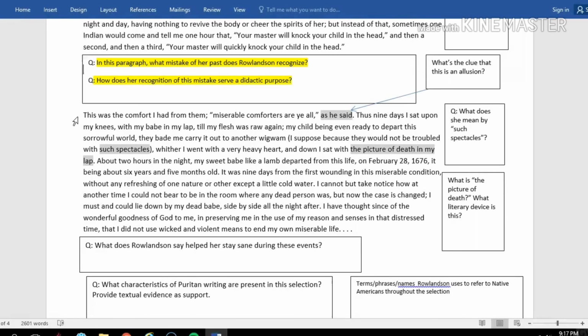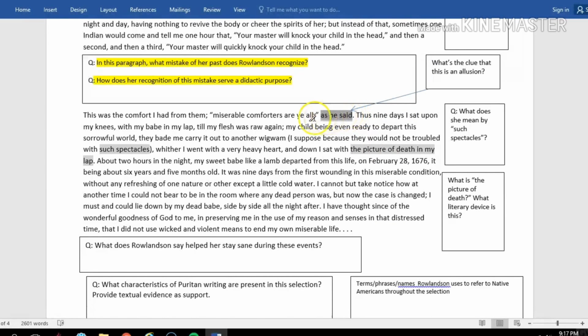I must and could lie down by my dead babe, side by side, all the night after. I have thought since of the wonderful goodness of God to me, in preserving me in the use of my reason and senses in that distressed time, that I did not use wicked and violent means to end my own miserable life.